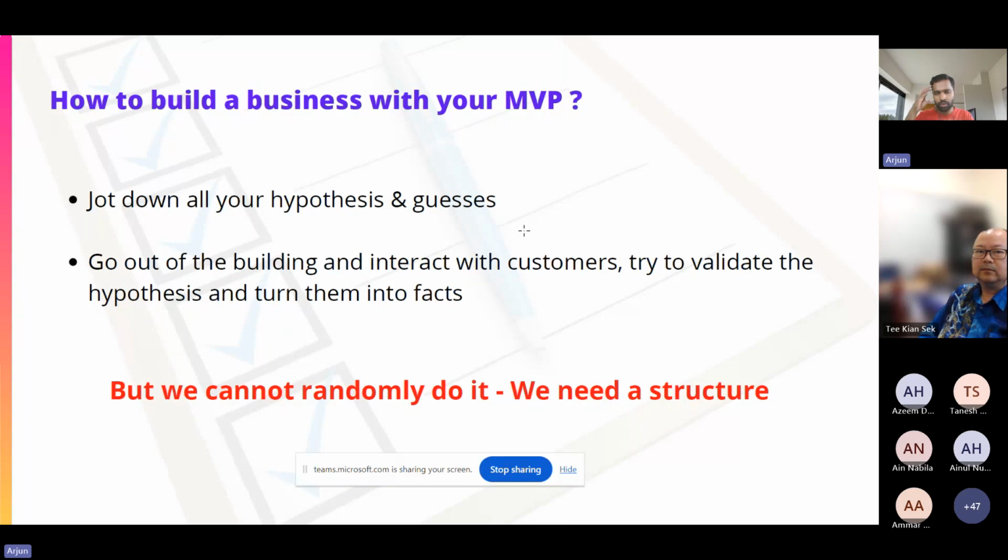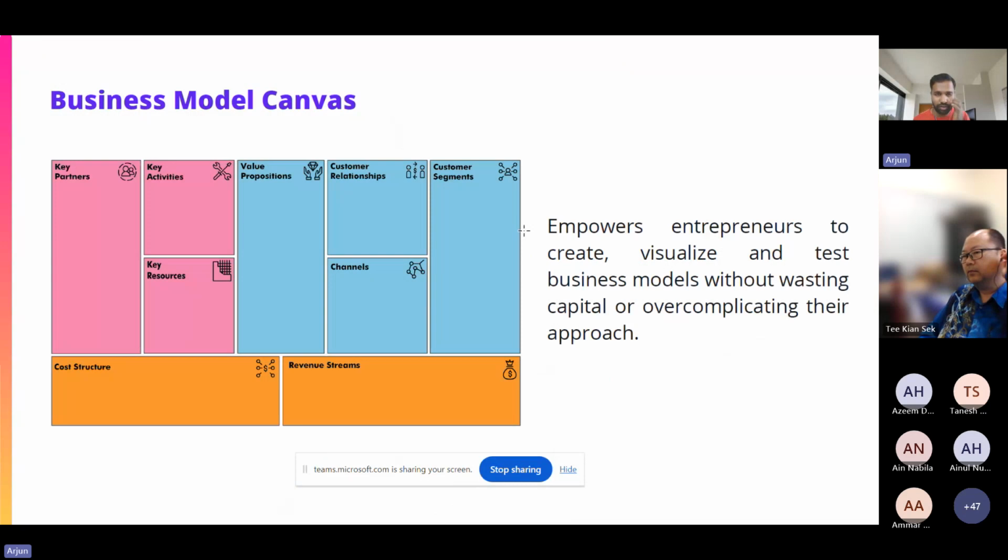We need a structure to jot down all of our hypotheses and guesses and ideas and thoughts. And then we need to go and again validate these hypotheses, and we need to turn them into real facts. So that structure is basically called a business model canvas. Again, this is a framework as well.